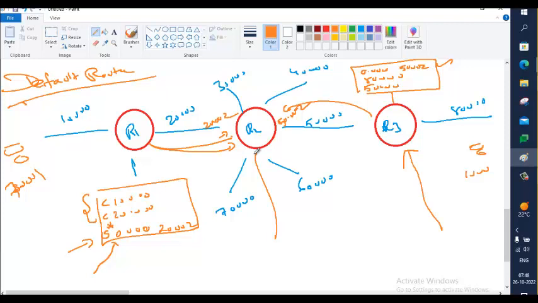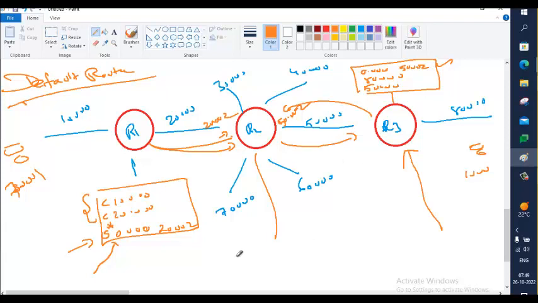To reach 10 and to reach 80, will router 2 take the same direction or a different direction? Okay, 80 is in which direction? In router 3, yes, correct.